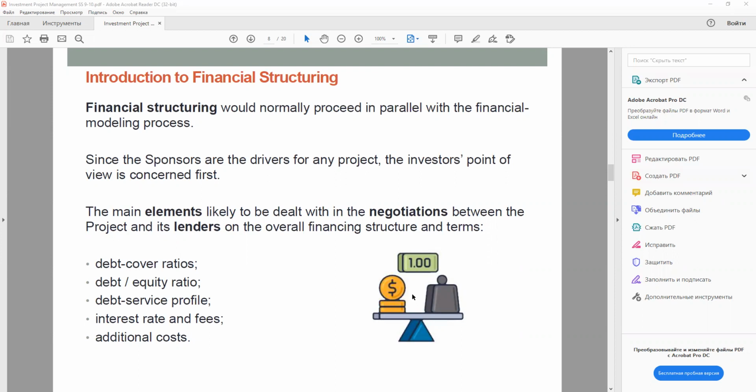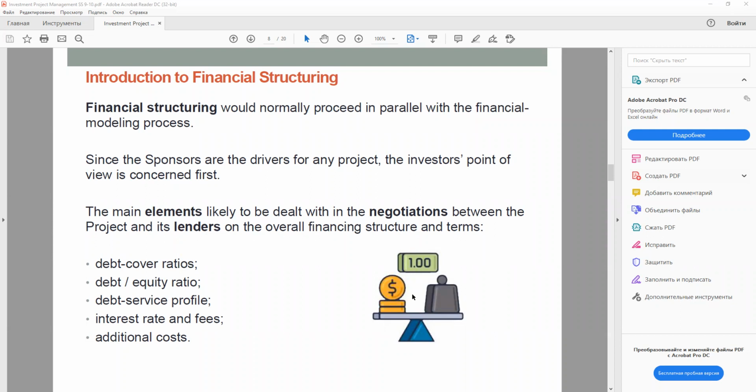We assume that financing is being provided by commercial banks, but for the most part, similar principles are followed by the bond market, as well as other types of private and public sector lenders or guarantors. Financial structuring would normally proceed in parallel with the financial modeling process. Since the sponsors are the drivers for any project, the investor's point of view will be discussed first.